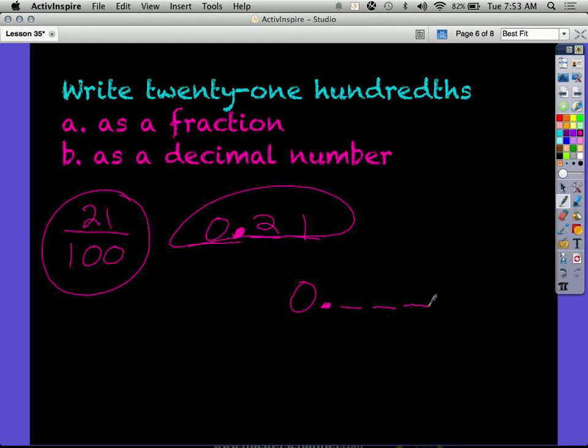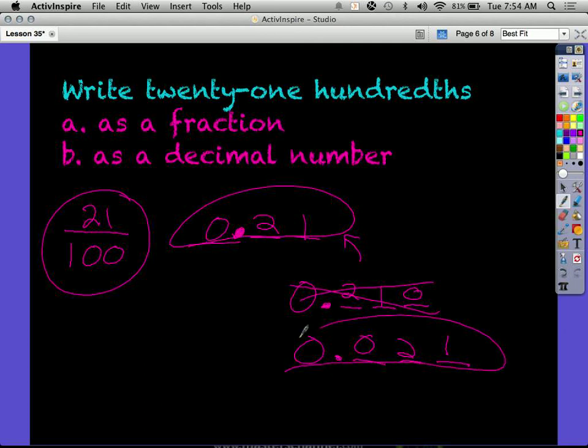So if I wrote it here, I need to fill in the blank missing one with the 0, and that makes it 210 thousandths, or the same as 21 hundredths. Okay, so I need to start on the far right, and then fill in left all the way to the decimal point with zeros. Now I have 21 thousandths. So just something to keep in mind for later on.